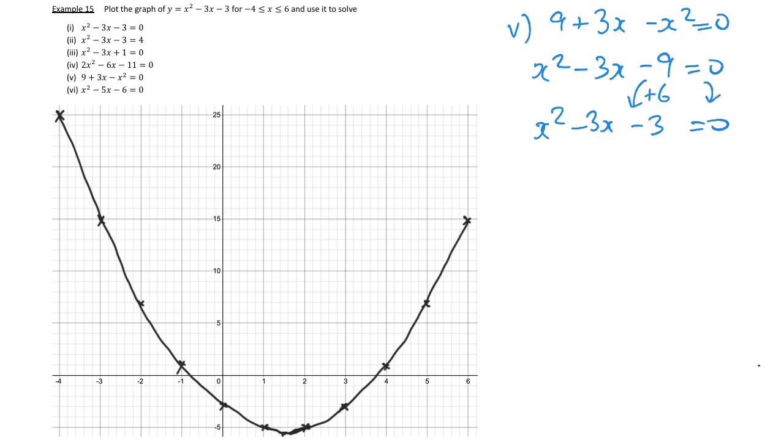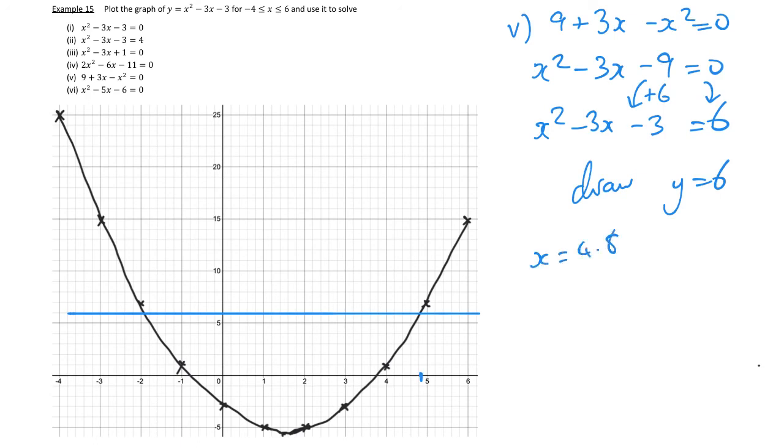So we have to add 6 to the right, and we get 6. So then what we need to do is draw the line y equals 6. So y equals 6 then is a horizontal line that passes the y-axis at 6. And we can find the corresponding x values to be 4.8 and minus 2.9.